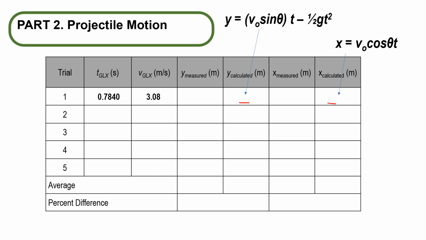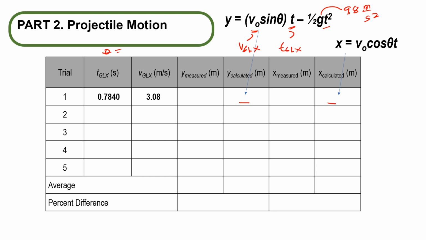To compute the vertical displacement, we use this formula: y, the calculated value of the vertical displacement, is equal to the initial velocity, VGLX, times sine theta, whatever angle you set on the Explorer GLX, times the time, which is the TGLX, minus 1/2 g, the constant acceleration due to gravity, which we take as 9.8 meters per second squared, times the square of the time, TGLX. This is how to compute the calculated y.